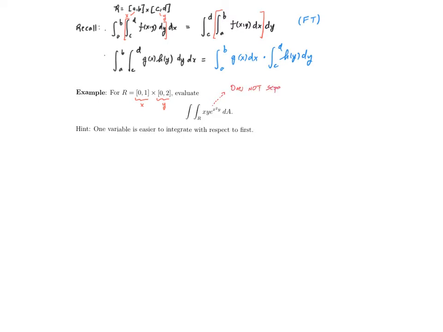I am unable to write it as a function of only x multiplied by a function of only y. But that's not a problem. That means we just have to evaluate it, similar to previously, but that does give us a choice. We need to determine which variable to integrate with respect to first, and my hint is that one choice is maybe easier than another. So as I rewrite this, think about what variable you would prefer to integrate with respect to first.